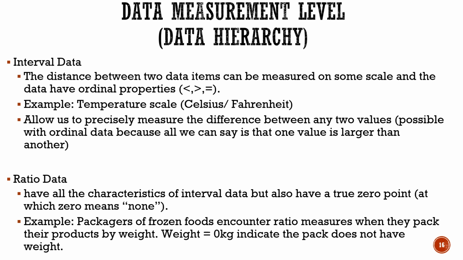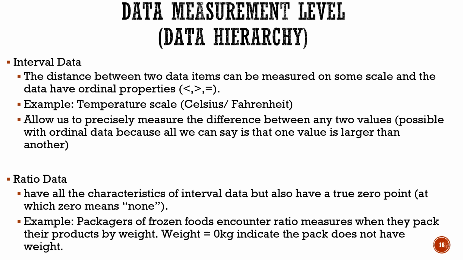The next one is interval. If you still remember the diagram, interval and ratio are the highest hierarchy of data. Why? Because these two types of variable are quantitative values, so we can do many kinds of analysis on them.